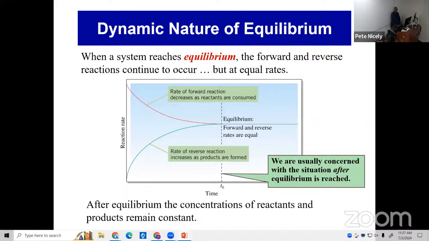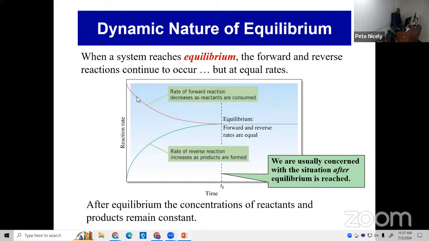The y-axis represents the reaction rate and the x-axis represents time, right? So what happens if we start off with a certain amount of reactant, then basically what will happen is that the concentration of the reactant will decrease as the reaction progresses, and the consequence of that is that the rate of the reaction will decrease as well, right? At the same time, you have the product being formed, right? And as the reaction proceeds, you have more and more products, which means that the rate of formation of products will increase, right?